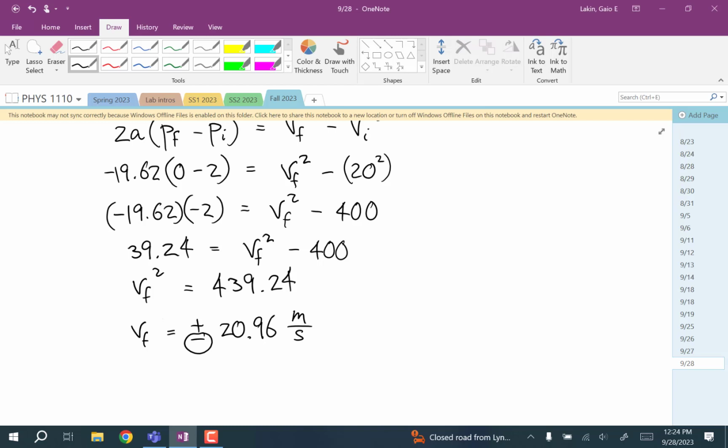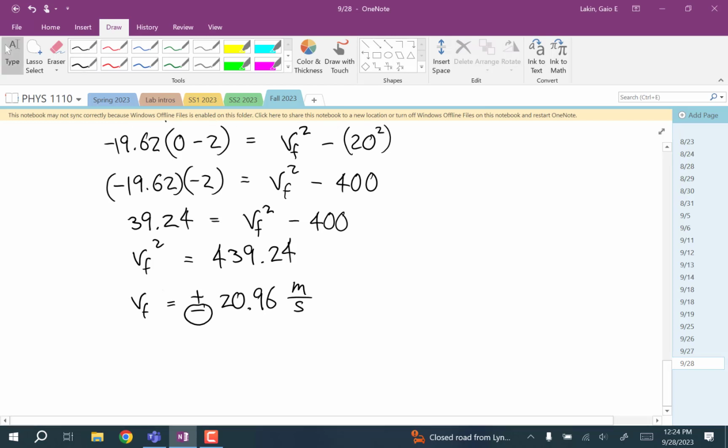I talked to a couple people who said that this problem, they started doing 2D and then had to switch to 1D. I want to show you something about 2D and 1D. If you're using 2D kinematics to solve a 1D problem, you always can do it. It's not the simplest way.